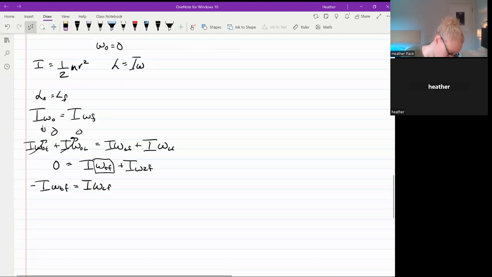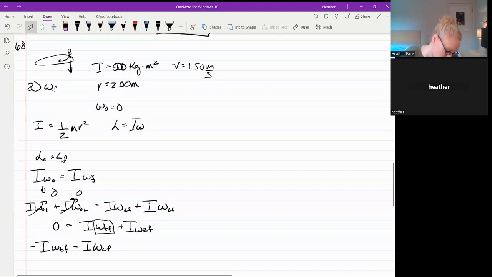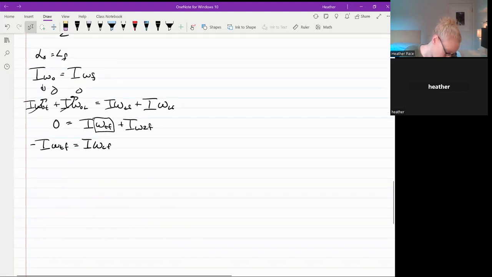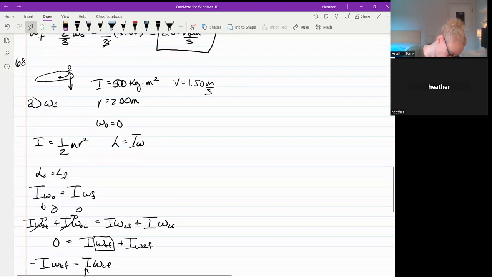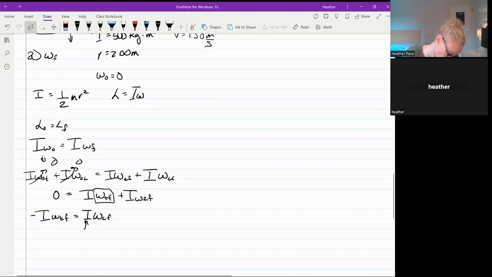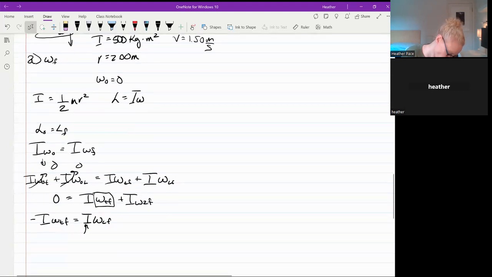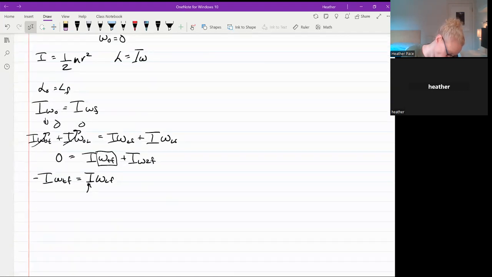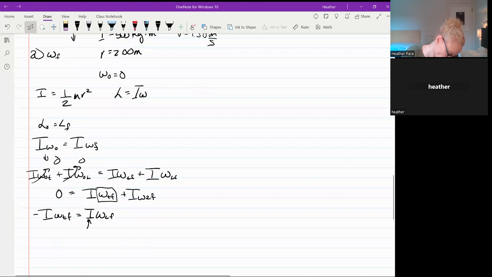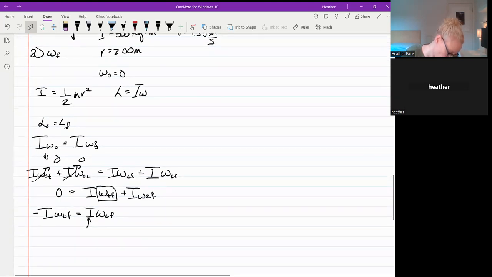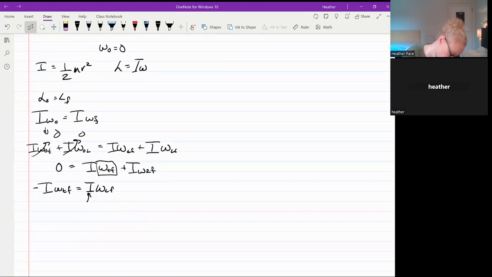And we were given her angular speed, and we were given enough to figure out that.